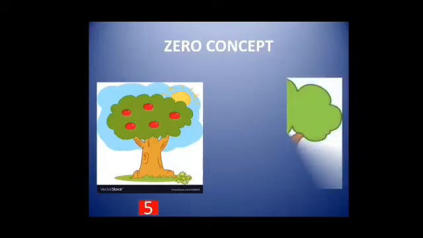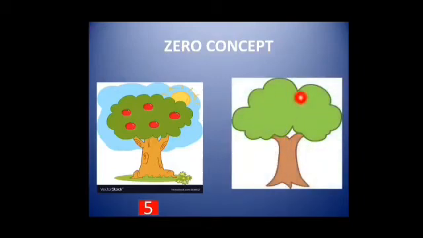In the next tree, can you find any apple, children? No. The second tree has 0 apples, or we can say nothing. 0 means nothing. Shall we see one more example, children?